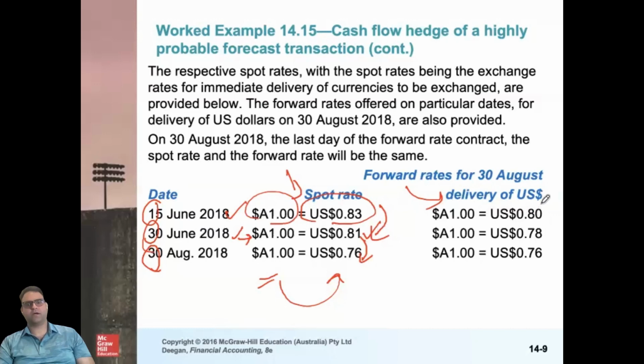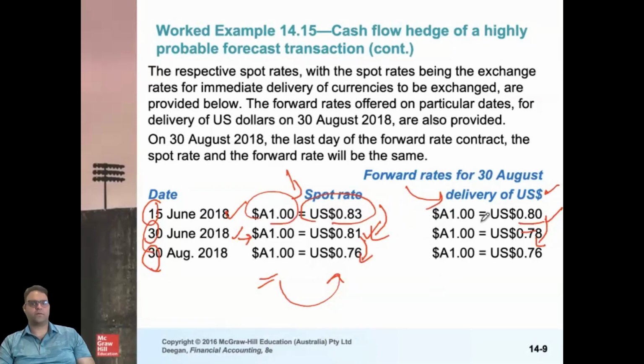Then we move further to the forward rate. So if we enter into the contract for the forward rate on the day first, it was 0.8, which we discussed earlier, which has a little bit decrease in the forward rate because there's a decrease in the spot rate, and normally it goes parallel with the market.